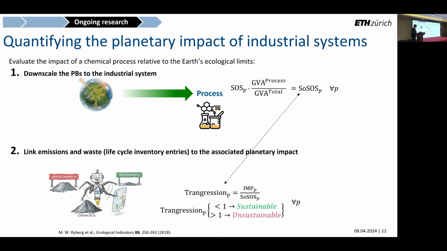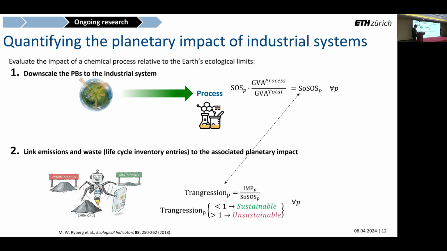If you exceed the threshold, you are not sustainable. If you operate within the share of the safe operating space, then it will be sustainable. So we have a systematic algorithm that will take one industrial system and will be able to classify it as sustainable or not in absolute terms based on this approach.